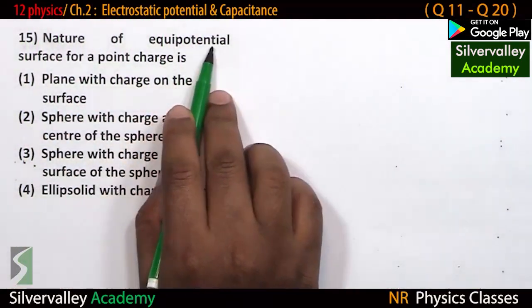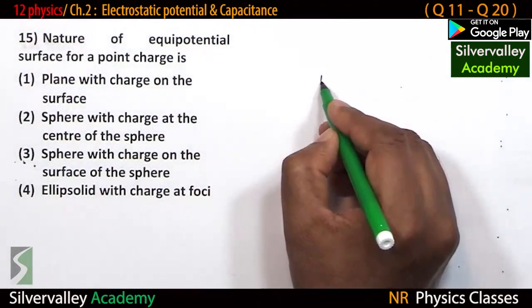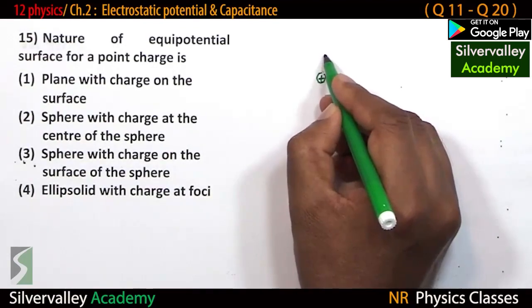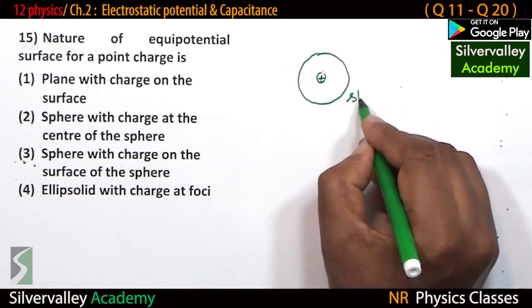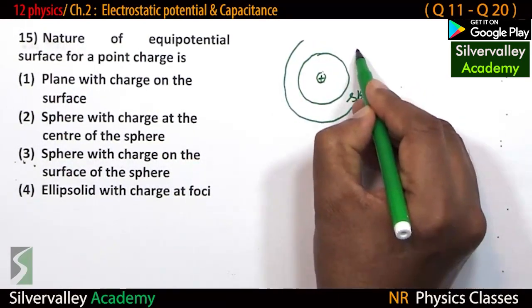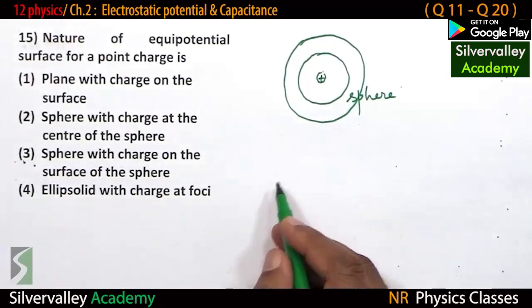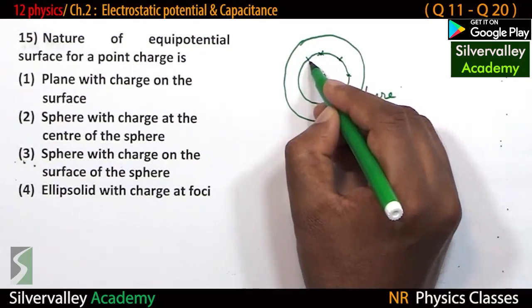Nature of the equipotential surface for a point charge: for a point charge, this is an equipotential surface. It is a sphere. This is one more equipotential surface. So potential at every point on a sphere is constant.